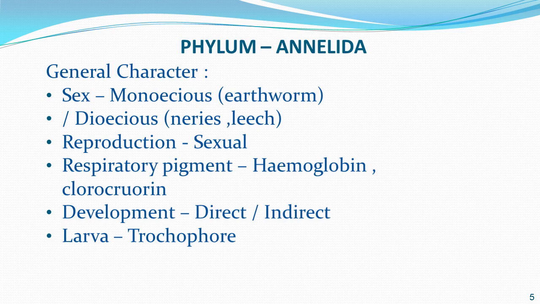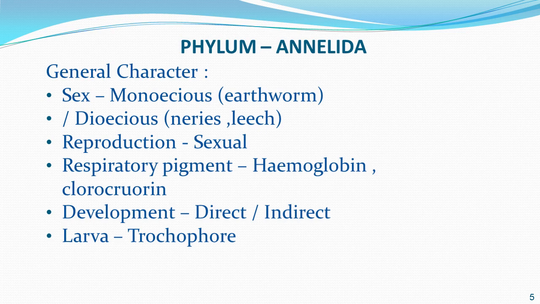In our blood the RBC contains the respiratory pigment hemoglobin. In phylum Annelida the respiratory pigment is of two types: hemoglobin as well as chlorocruorin.